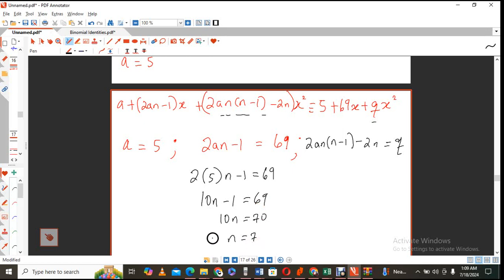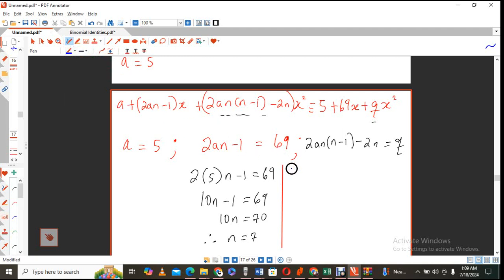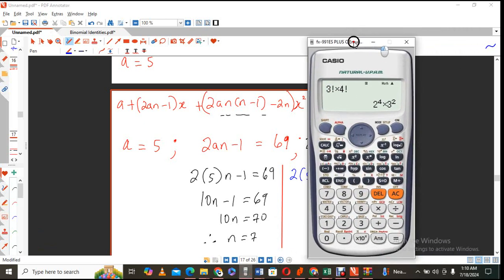Now we're going to substitute in this one here, because we've got everything that we need, we know what a is, and we know what n is. So 2, a is 5, n is 7, 7 minus 1, minus 2 times 7. This whole business should give me q. Let's grab a calculator because it looks a bit horrible.